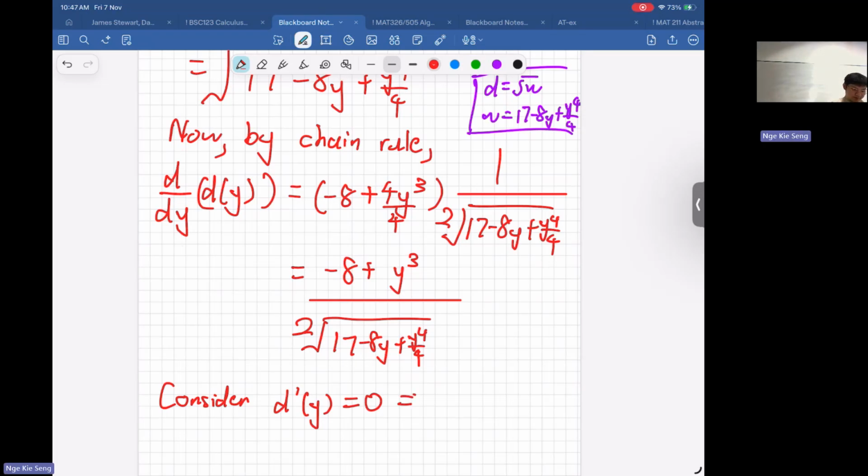This implies that y cubed has to be 8. That's it. And then this implies that y has to be 2.